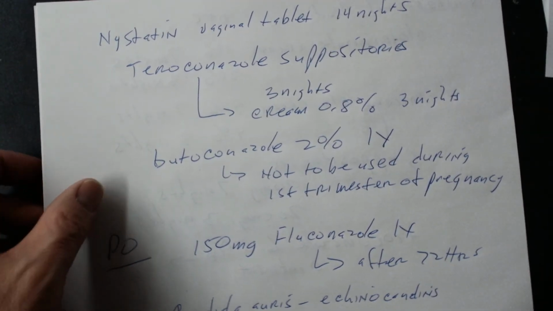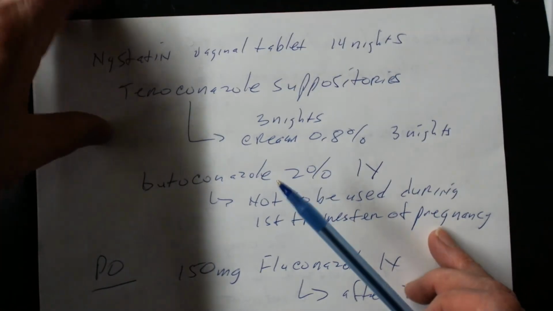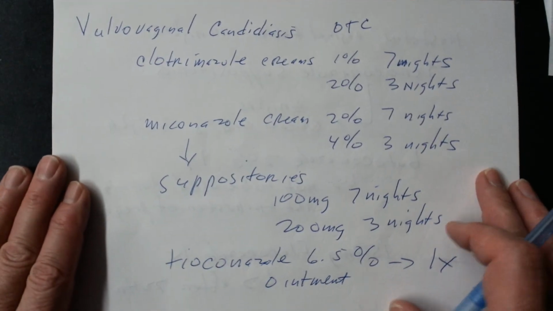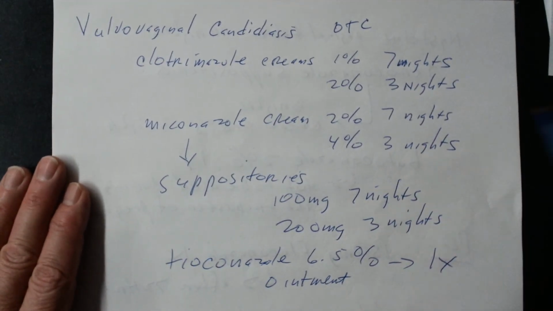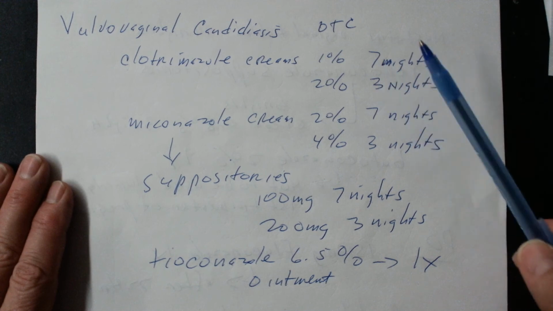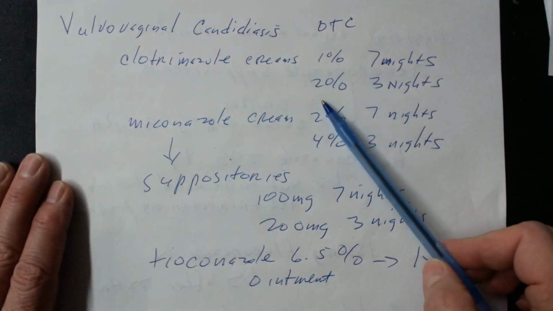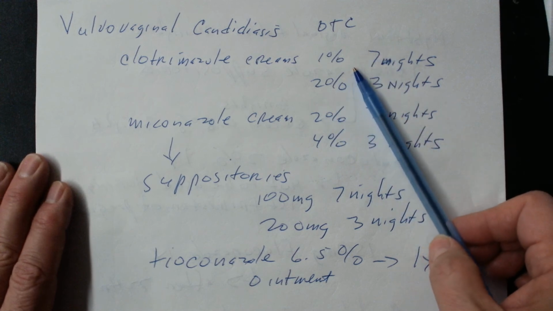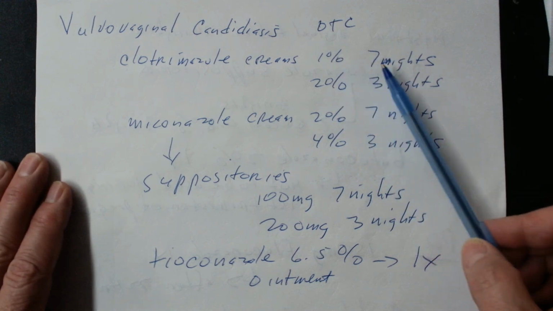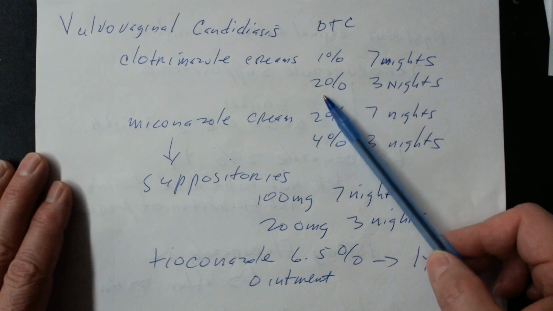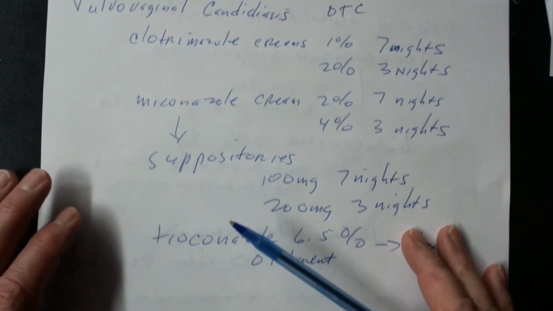For vulvovaginitis, there are very good over-the-counter medicines. People don't tend to use them properly, but you should use them as directed. So there's clotrimazole creams. There's a 1% and 2%. You apply these at night. 1% you apply for 7 nights. 2% you apply for 3 nights.